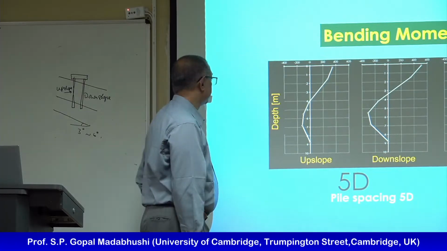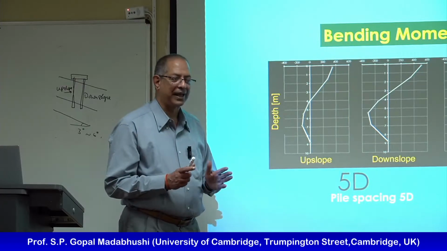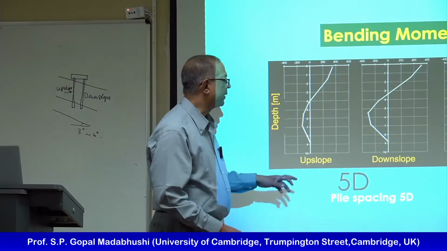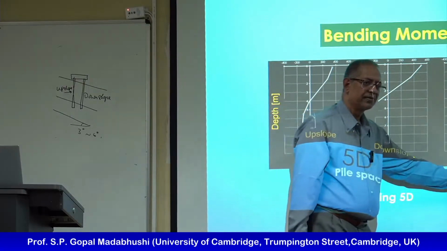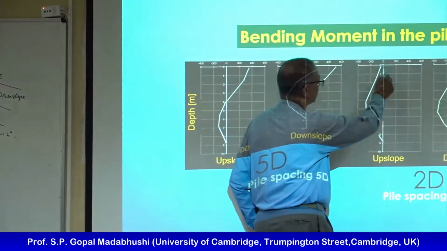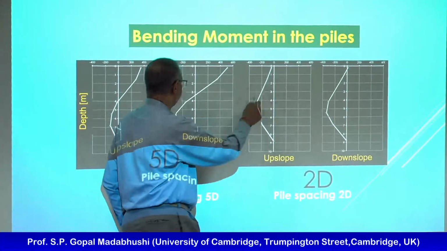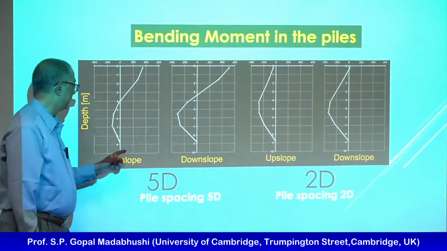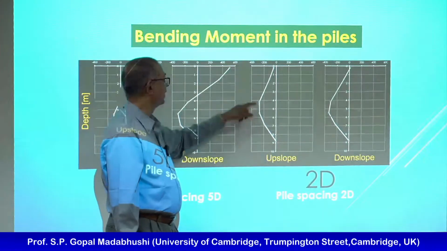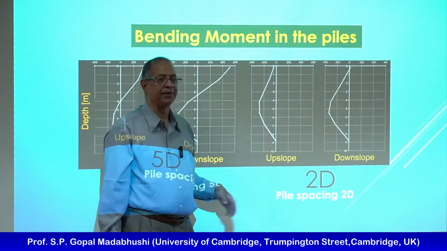So clearly the upslope and downslope are not carrying the same bending moment. When the spacing is reduced, base and also the top are almost 0. And I'm getting a different shape, right? So this one is a double curvature like this, and that is simply one same shape both for upslope and downslope, and also they're not that different.